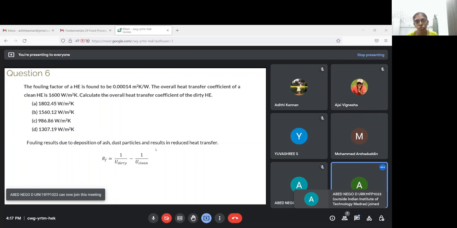So in this case, what do you find out as your U dirty if you substitute the values? You have R_F given here as 0.00014 meter square Kelvin per watt, and your U clean, that is the heat transfer coefficient of a clean heat exchanger, is given as 1600. So over time when it becomes dirty, what will be the U dirty in this case?